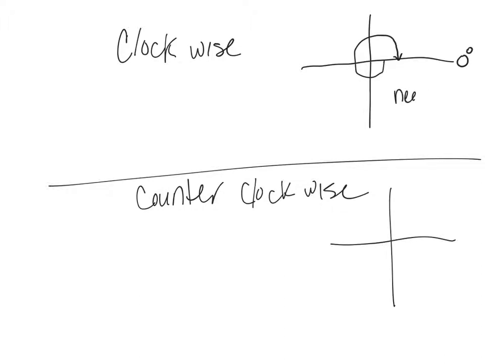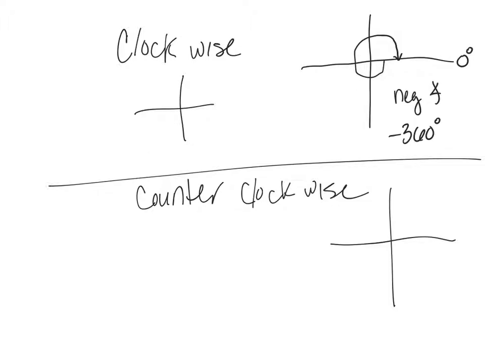That's a negative angle. And since we went all the way around, how many revolutions did we go? 1. So when you go 1 revolution clockwise, you've gone 360 degrees. But it's negative, sorry. It's negative 360 degrees because you're going in a clockwise direction.